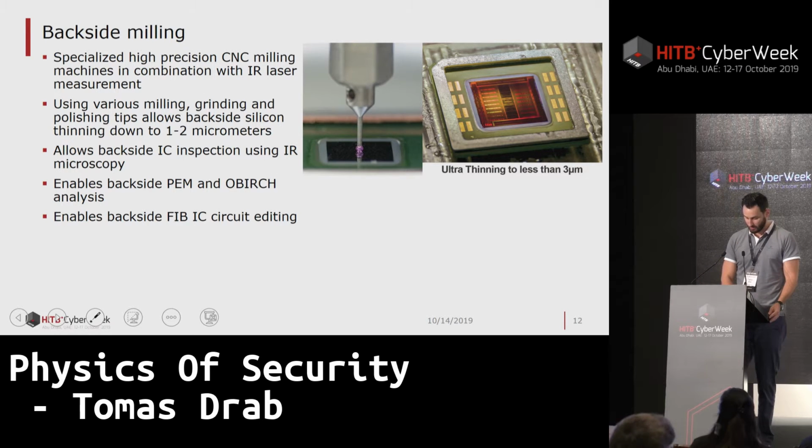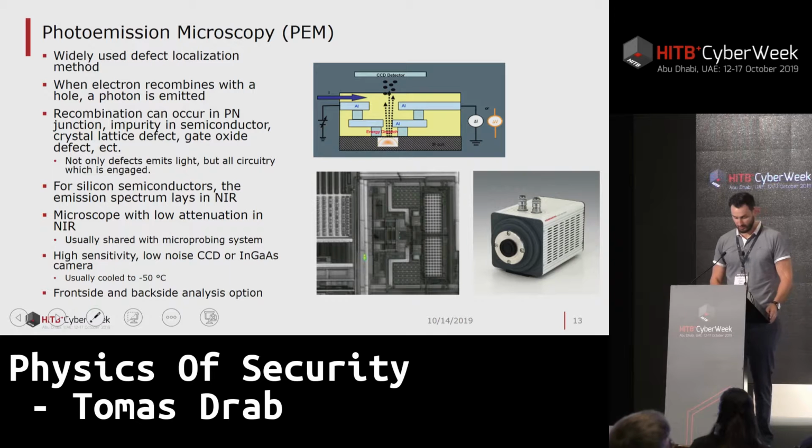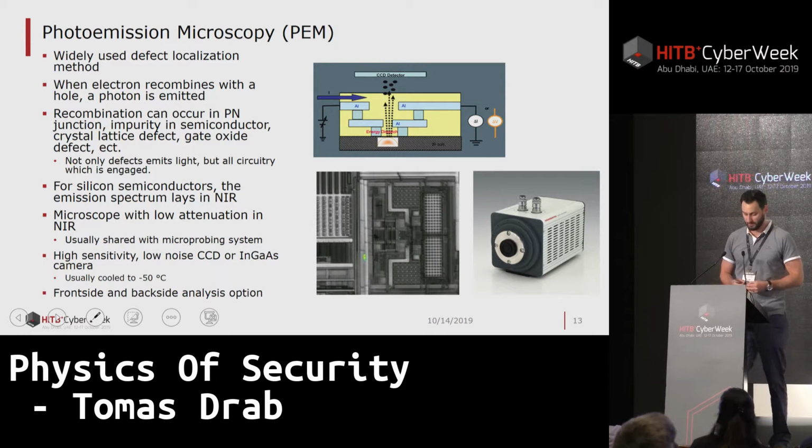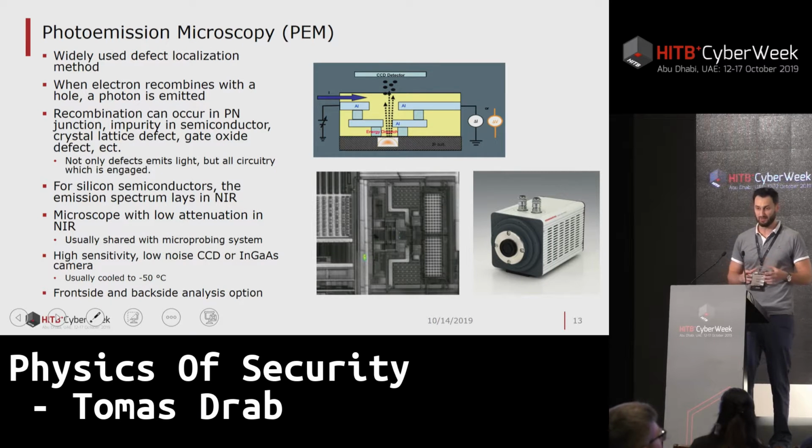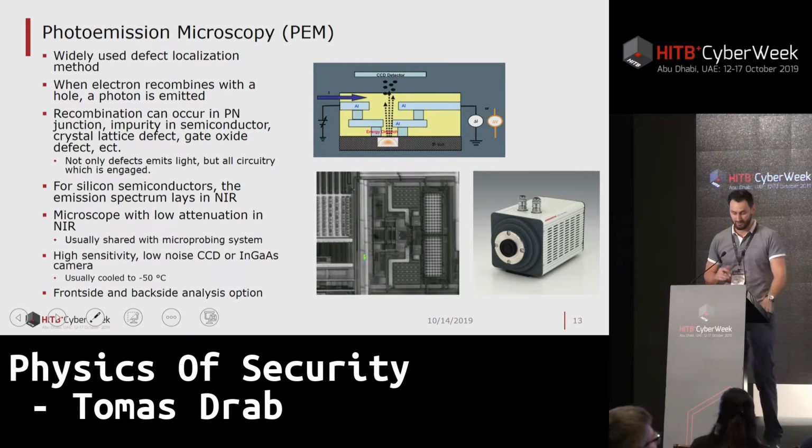And what if I tell you that you can see the current flowing through the chip? Like standard LEDs, which produce light, every semiconductor component also produces light. The only drawback is that it's very weak and it's in infrared.